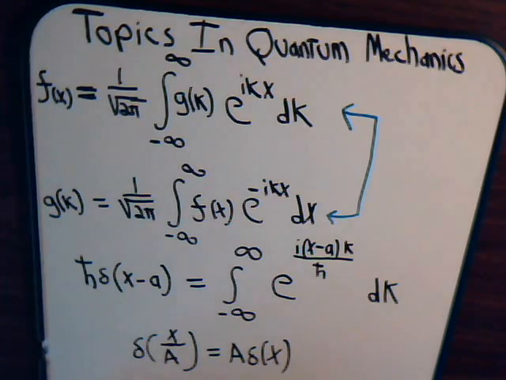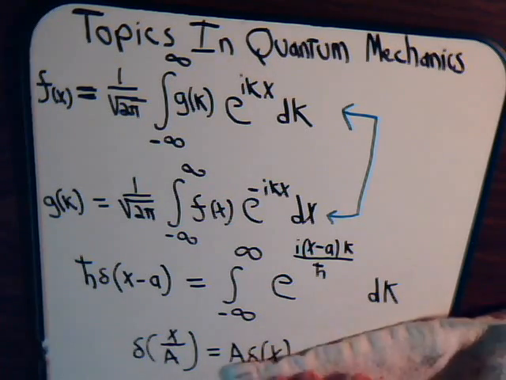So if I had the Dirac delta function of x minus lambda divided by a, that would be equal to a times this Dirac delta function.